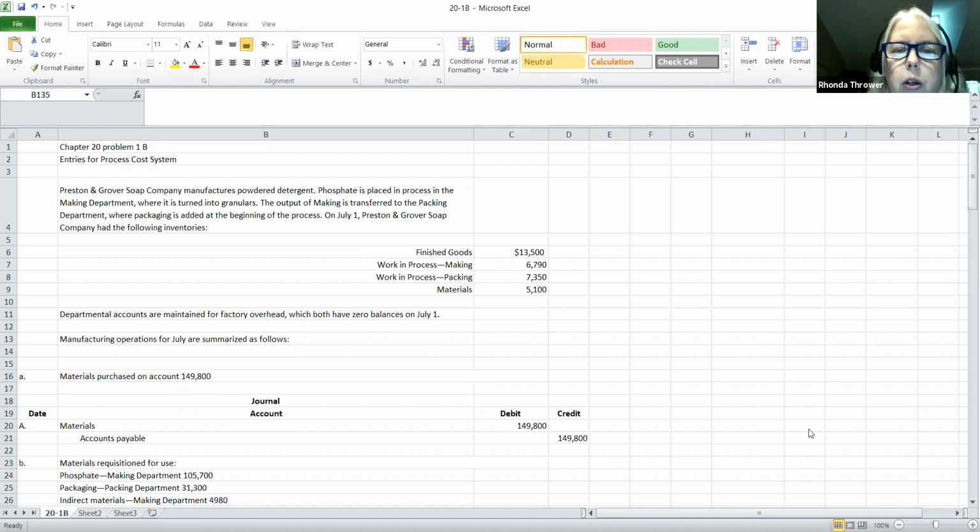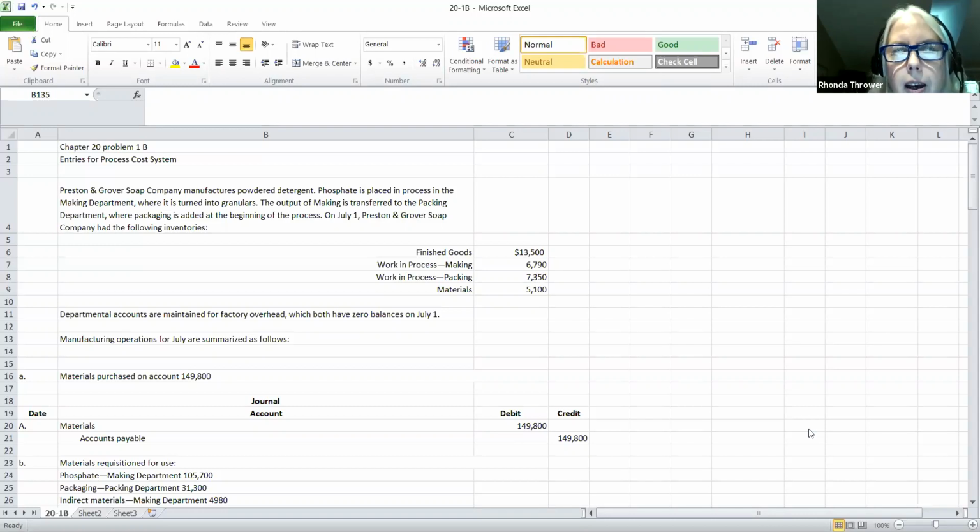In chapter 20, we're going to be discussing process cost accounting. Process cost accounting is a type of accounting that we would use for a manufacturing business that is creating products that are so similar in nature that you can't distinguish one unit from another unit.